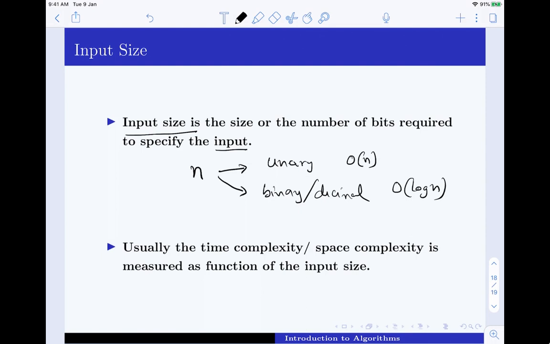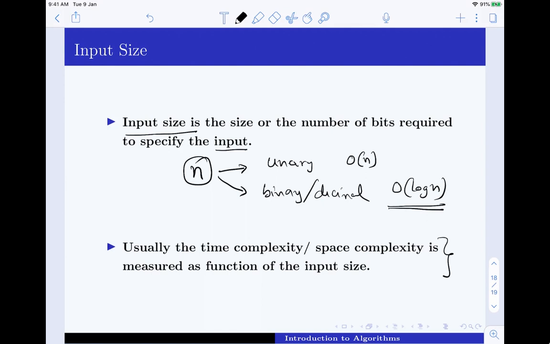So the input size is the size of the input. So n is not the input size. Usually when we talk about numbers, we think of them as given in binary or decimal, so the input size is log n, not n. And usually the time complexity and space complexity are measured as a function of the input size.